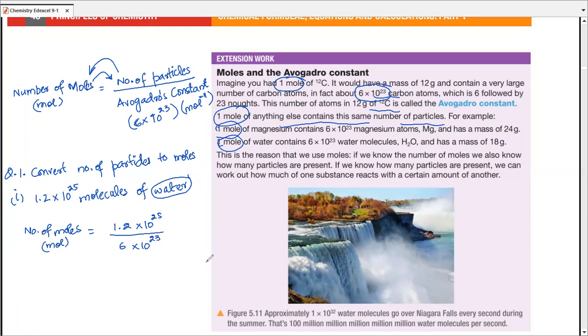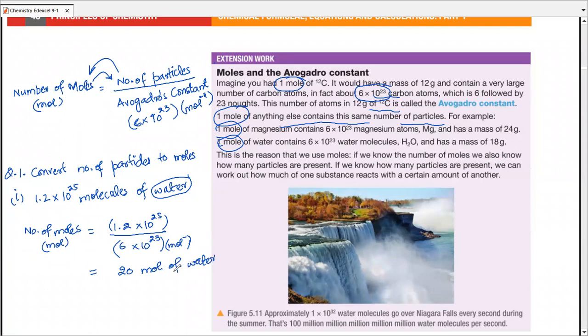Now, the modern calculators can work it really well if you write this number and then you put the divide sign and then you write this number. But if you have an old calculator, I really suggest my students put brackets and then write the divide symbol and then write brackets around it. That way, you're never going to get your answer wrong. And this one, of course, has the unit of mole inverse over here, and your answer comes out to be 20 mole. Now, this is 20 mole of water.